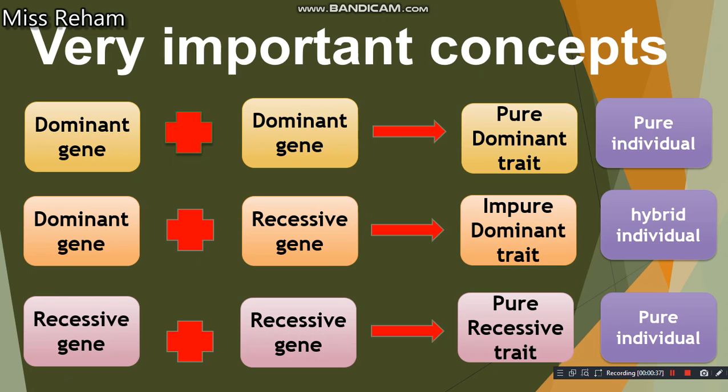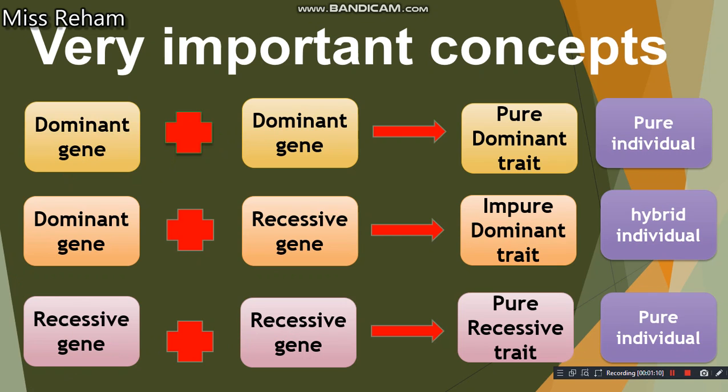Yeah, pure individual that carries a similar pair of genes, either dominant traits or recessive traits. Pure individual that carries a similar pair of genes, either dominant traits, like in the first case, or recessive traits, like in the third case.